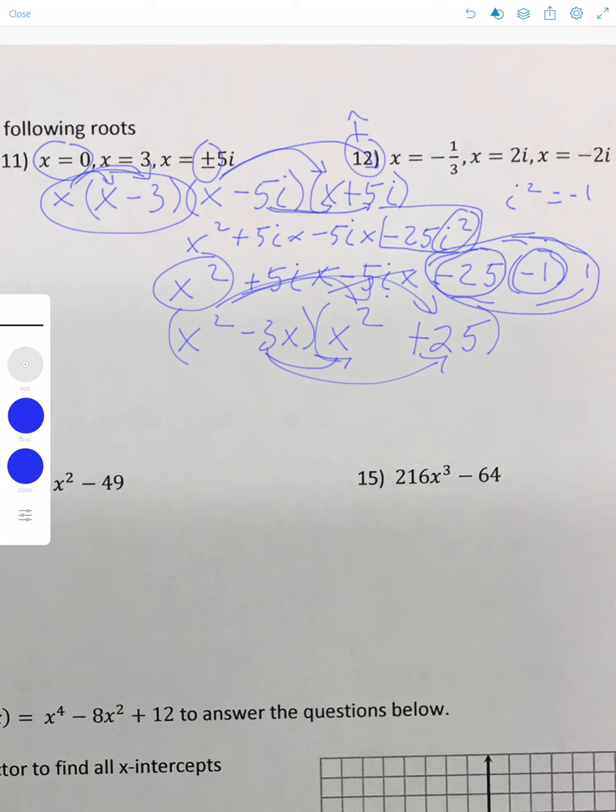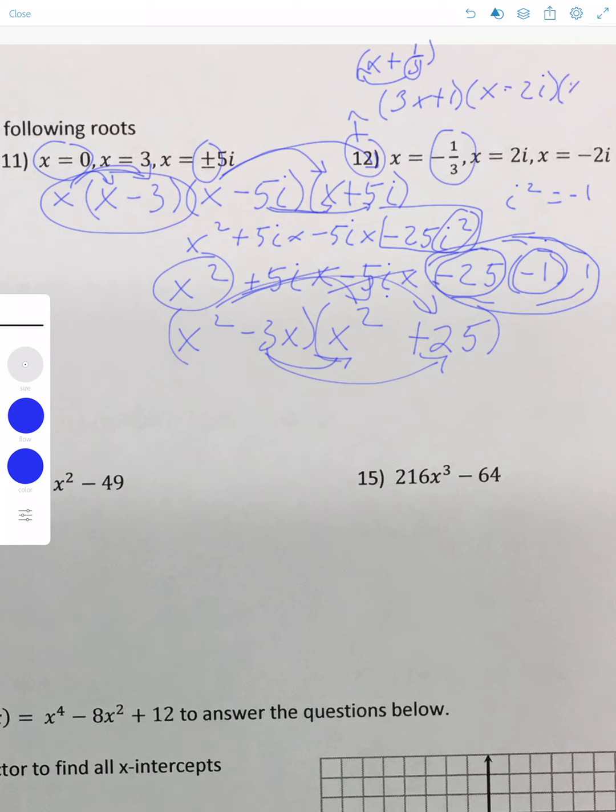So if we have a negative 1/3, then we could say this is x plus 1/3. And remember, with the fraction, you take the denominator and bring that out in front. So really, we're saying 3x plus 1. And then a positive 2i, this becomes x minus 2i. And then the negative 2i becomes x plus 2i.